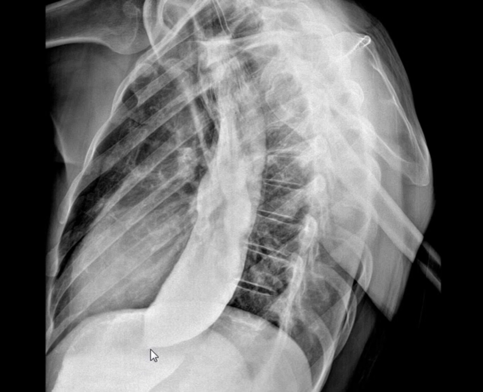First, the narrowing is a smooth narrowing, tapered. What's the name of this sign? Bird's beak sign. Bird's beak or rat tail appearance. It looks like the tail of the rat. This is the rat and this is the tail.